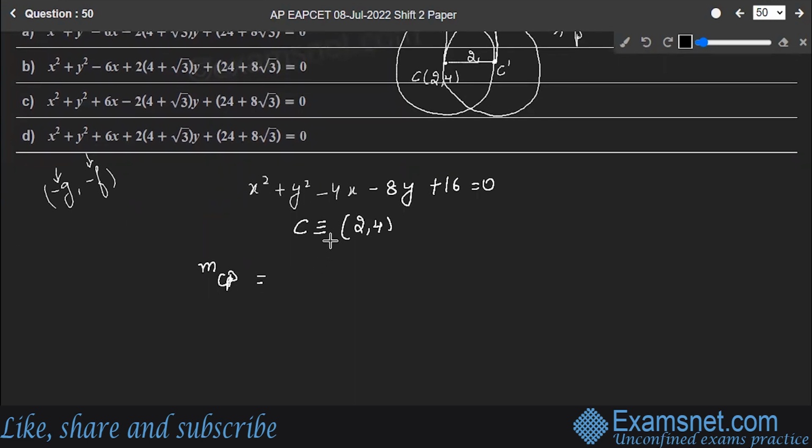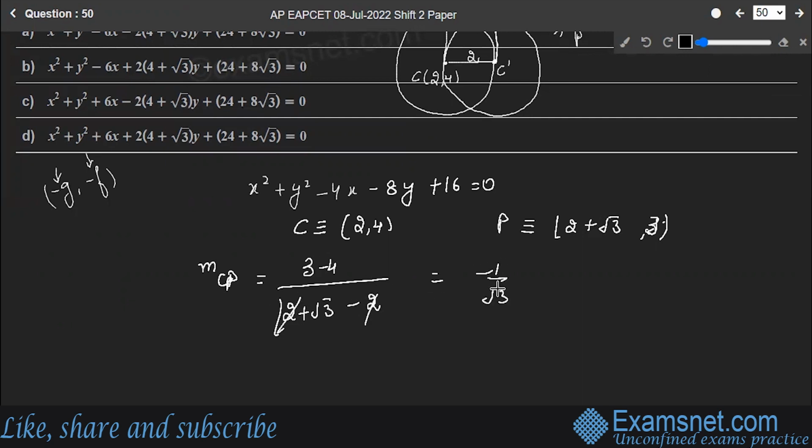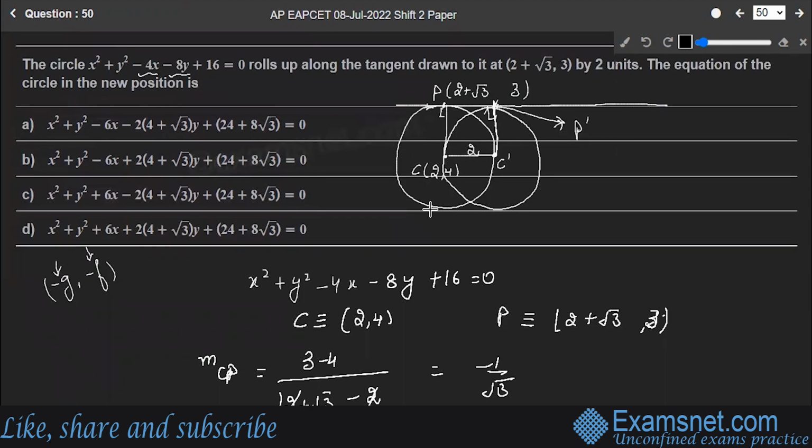We know the points C and P. C was given by this and P is given by (2 plus root 3, 3). So the slope of CP is (3 minus 4) upon (2 plus root 3 minus 2), which will give you minus 1 by root 3.